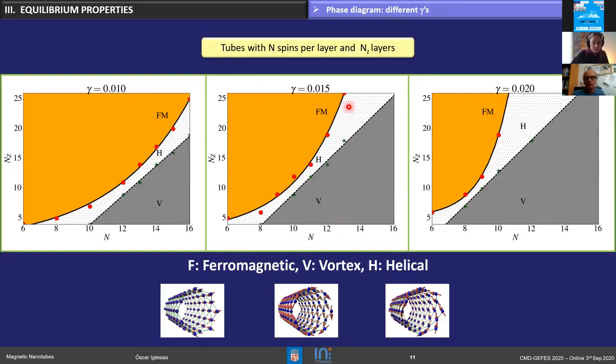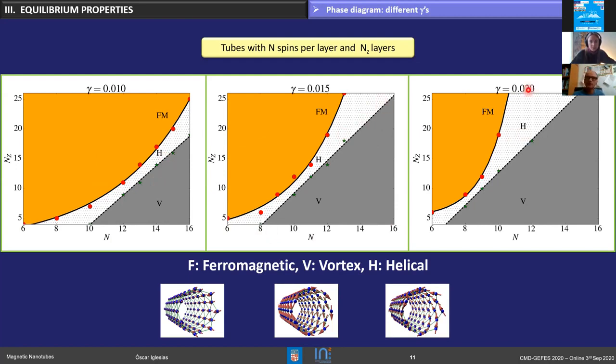So picking up all these results, we can build phase diagrams for different values of the dipolar coupling to exchange parameter. And we are able to determine the different regions, lengths and radius of the tubes for which the ferromagnetic, vortex and helicoidal intermediate states, metastable states, can be formed.